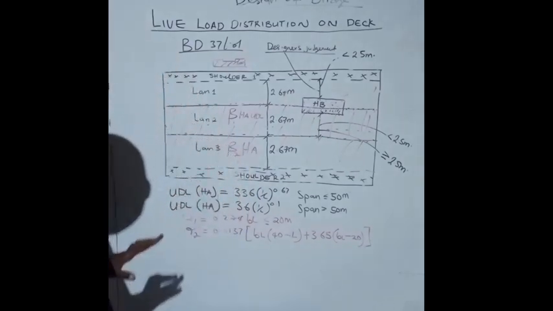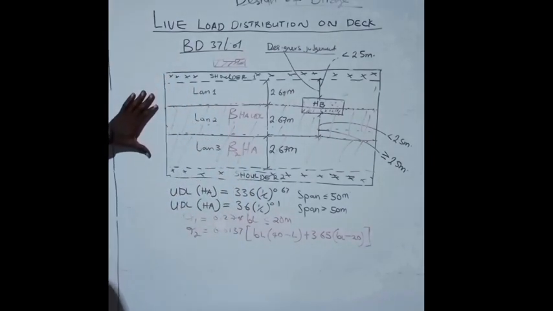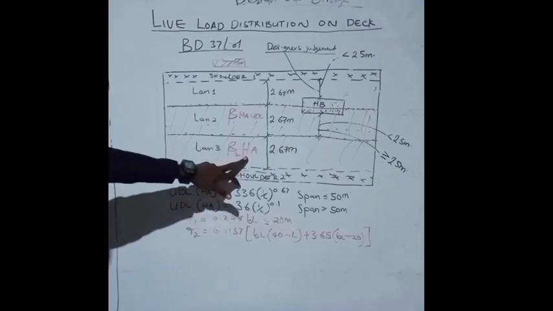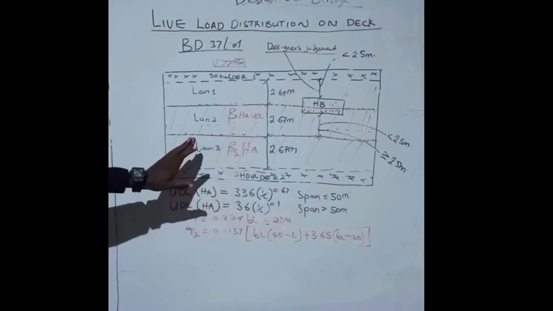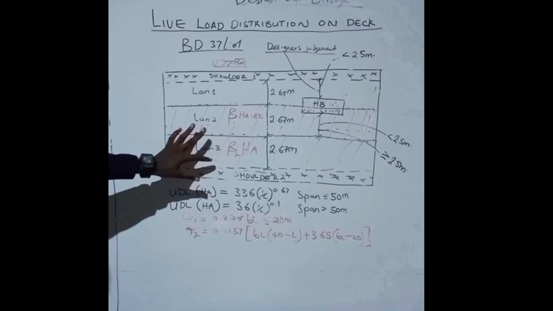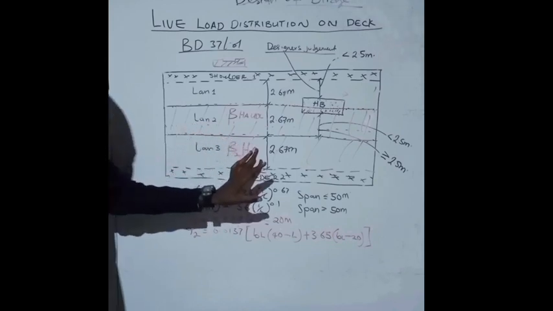Now, having done this, we have seen how this load is going to be applied. Take note, we have the HA, we have the HAUDL. So when you apply this load, you are going to be applying your knife edge load along.